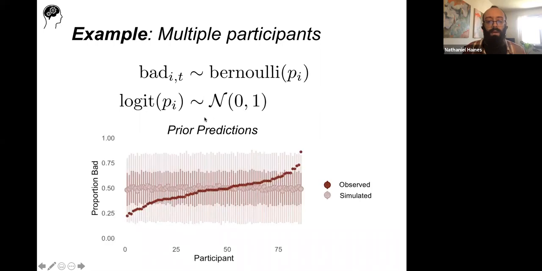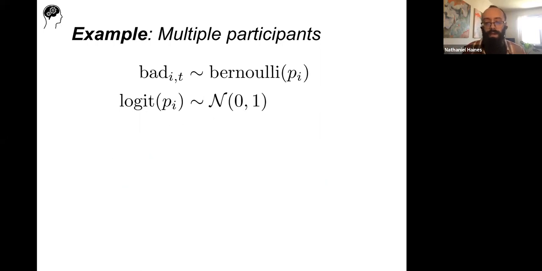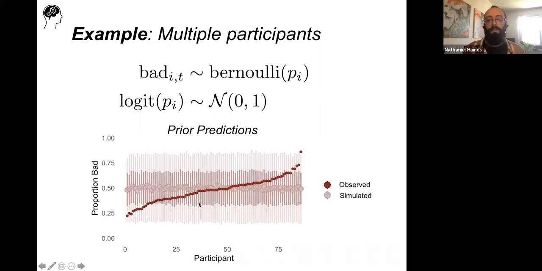Before, I was showing you the prior predictions on the scale of just one person, and I was showing a histogram. But now that I've talked about the highest density interval, that's what I'm showing you here for each person. The light is the 80% HDI, and the dark is the 50% HDI.